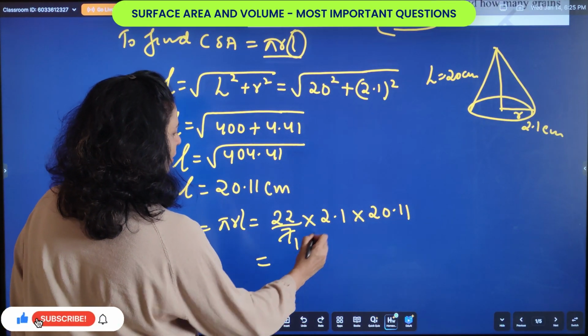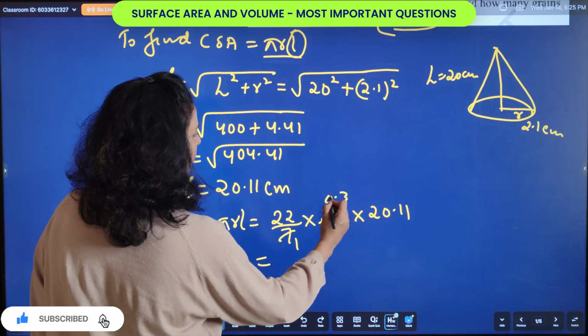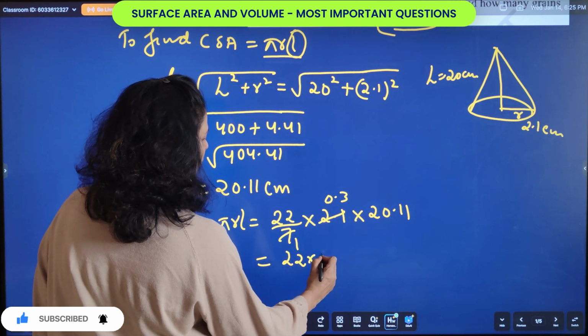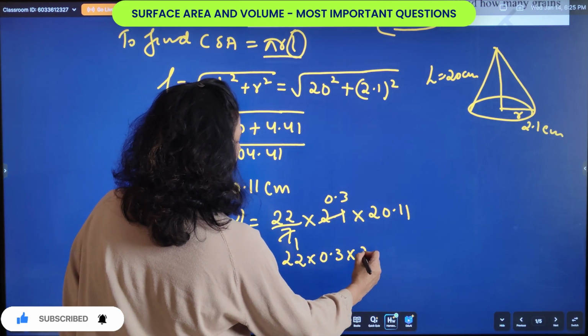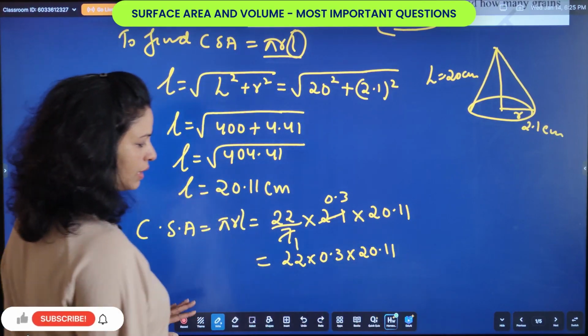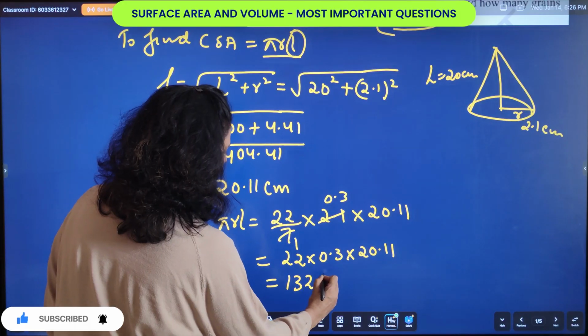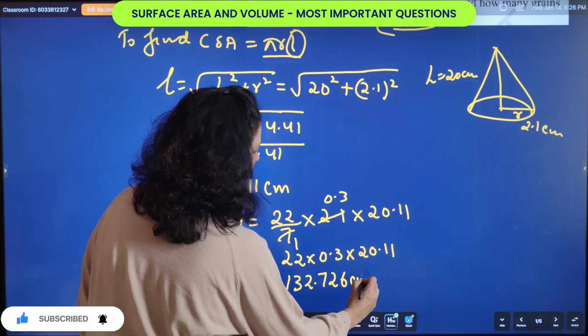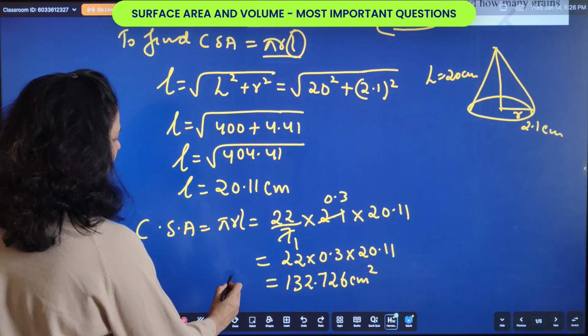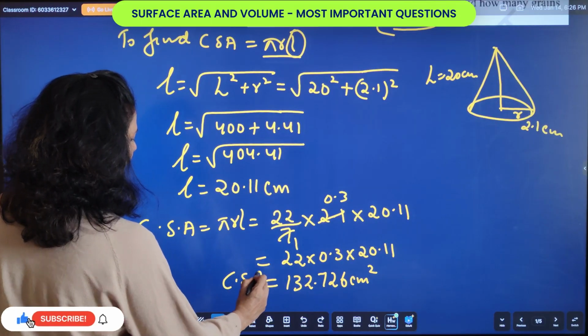So 7 gets cancelled with 2.1, we get 0.3. So 22 into 0.3 into 20.11, the answer will be 132.726 centimeter square. That is what we got as our CSA.